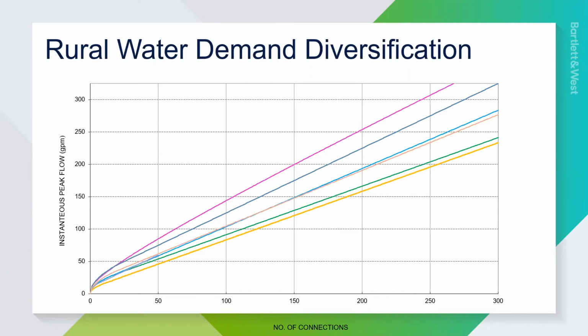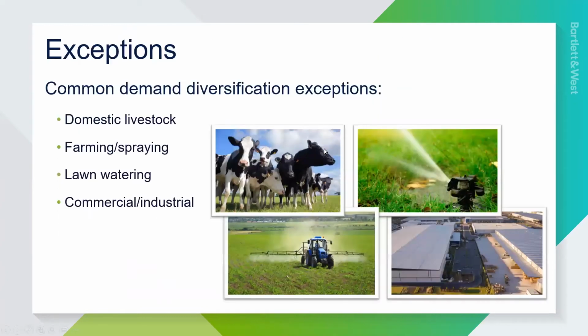Now, thinking about demand diversification in these systems, there are exceptions. Some of the common demand diversification exceptions or exclusions to that concept would be domestic livestock, farming, spraying, automatic sprinklers for lawn watering, and commercial industrial applications.